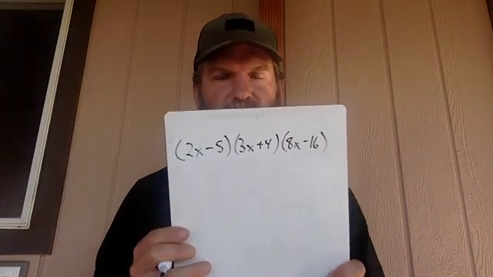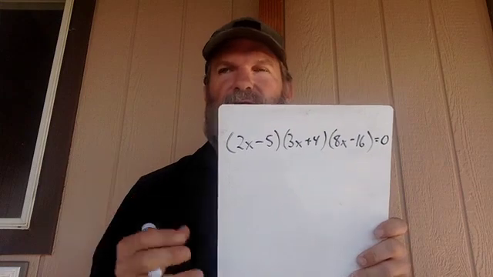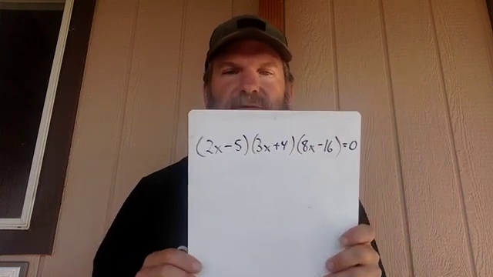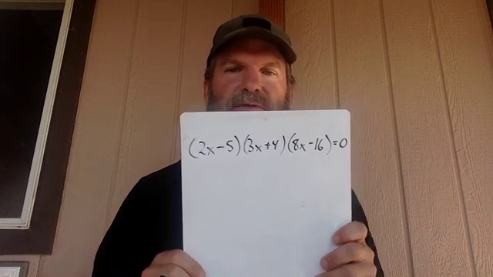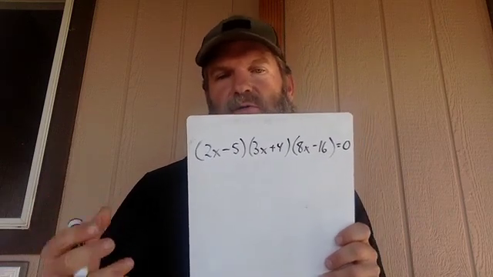You might have something like 2x minus 5 times 3x plus 4 times 8x minus 16. You might have all 3 of these being multiplied together, and it's all equal to 0. So now it's 3 things being multiplied together, 3 parentheses, 3 quantities. Whenever you have a parenthesis, there's a quantity inside that parenthesis. So parentheses are called quantities.